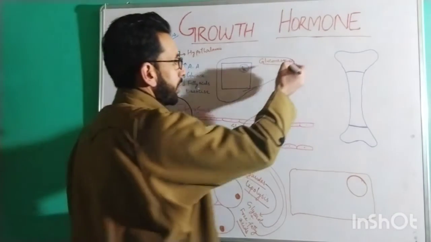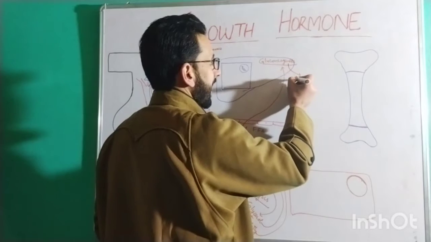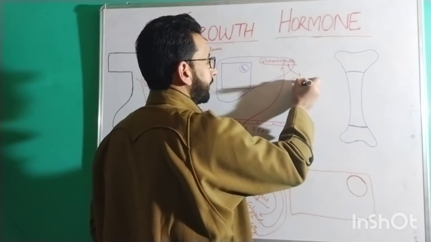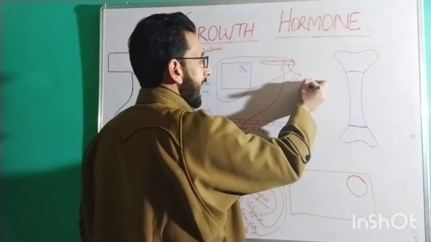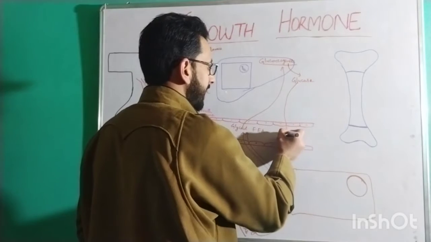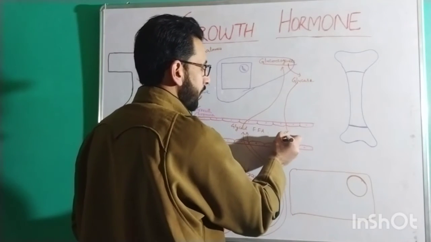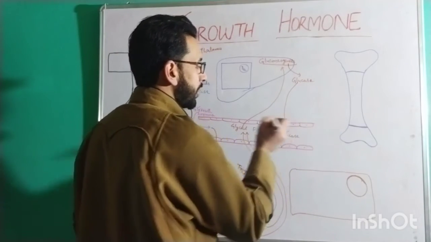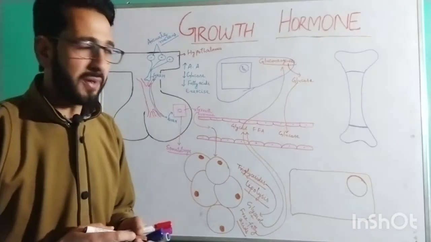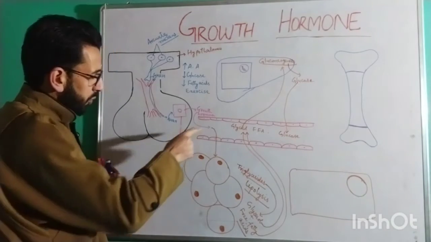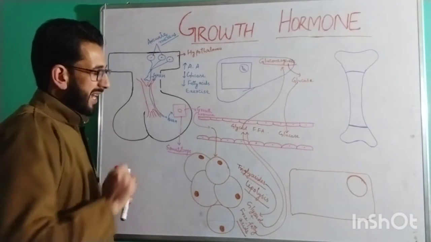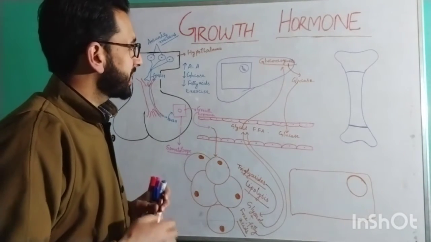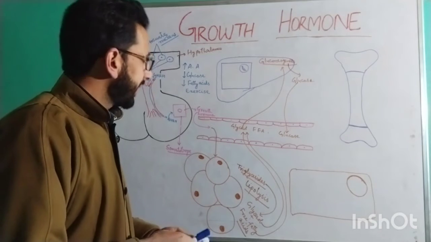Now gluconeogenesis, we are forming the glucose, and that glucose moves into the blood. So now we have increased the glucose level in the blood. Fine. Now this growth hormone, apart from these adipocytes, it has its action mainly on the liver actually.